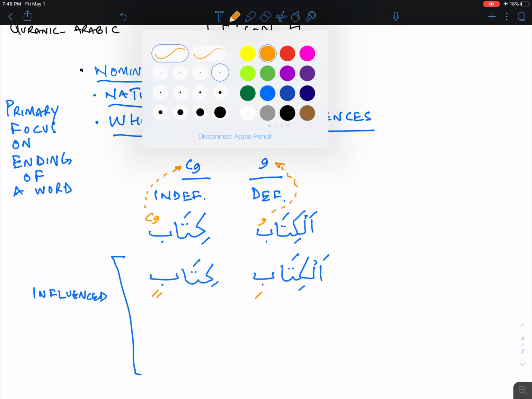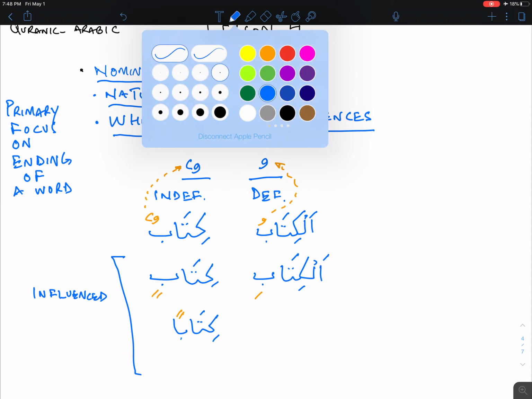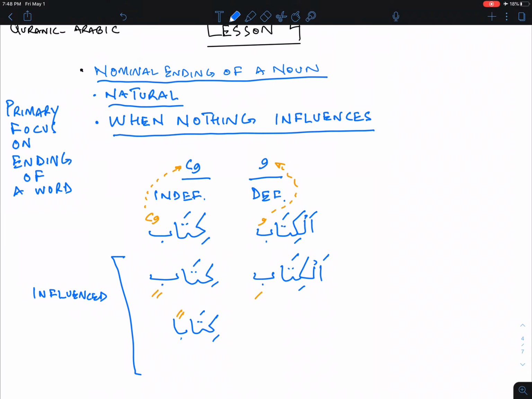Now it can also come as kitaban. You will see in the Quran nouns will come with two fathas. Now when that's coming in the definite state, then you can see that it'll be al-kitaba.